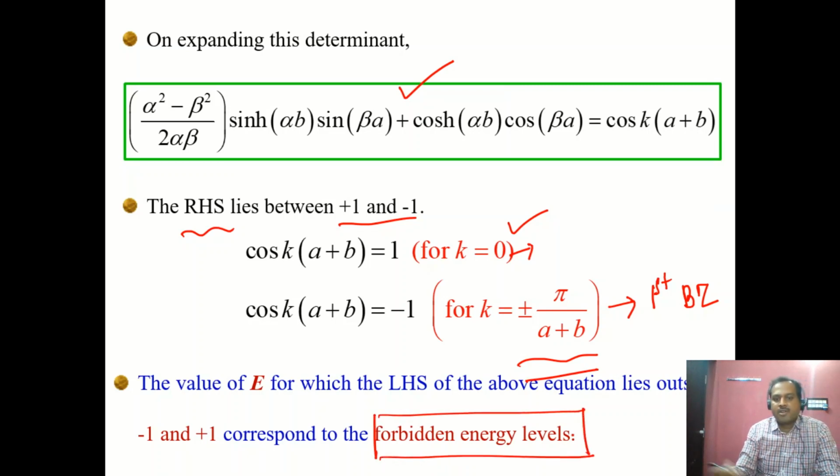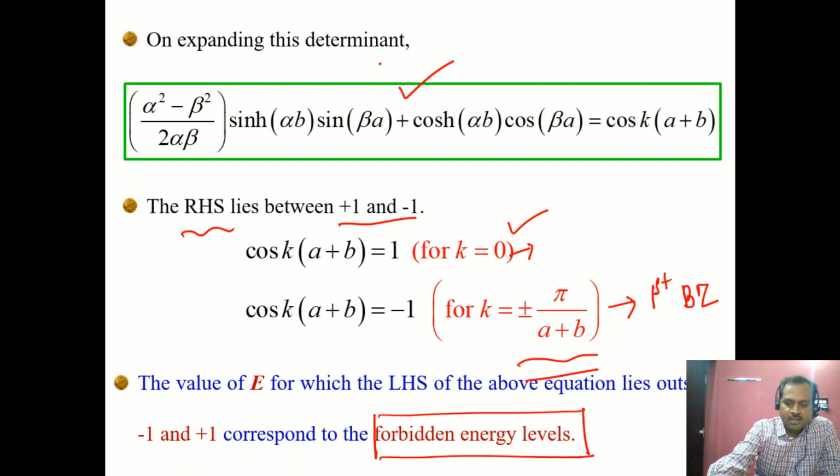So this is the origin of the forbidden bands in solids. Let me repeat. For the value of energy of the electron for which the left hand side function is going to lie between plus 1 and minus 1, only those energy values are allowed, whereas if it is lying outside the plus 1 and minus 1 region, then those energy values are not allowed, or those are the forbidden energy levels.